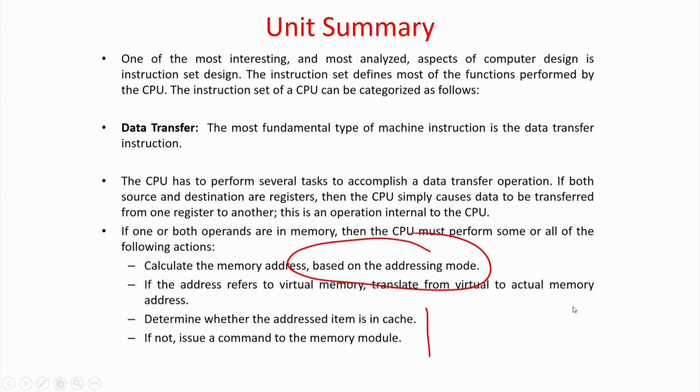You first find out whether the value of this memory location is available in the cache, and if it is, you can directly fetch it; if it is not in the cache, then you have to read from the memory module. This will be dealt with in more detail in a future module. As of now we just have to understand that it is a transfer of data from one memory location to another.